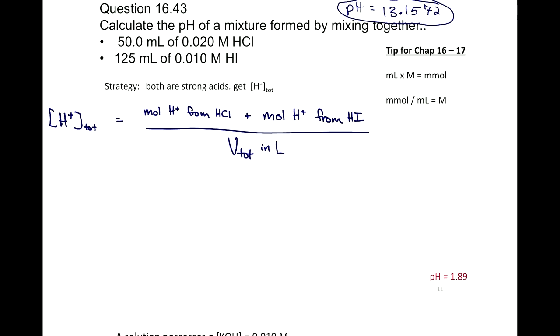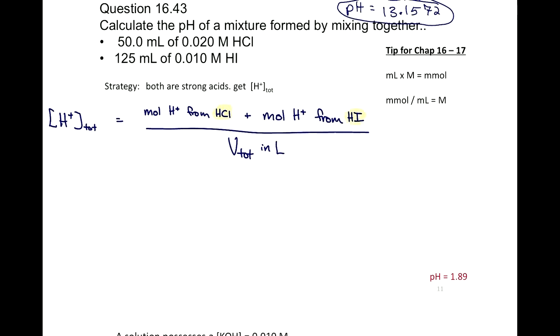So I like to think of it as this. To calculate pH, I need to figure out how much H plus I have present in my solution. There's two sources of acid here. So I need to calculate the total concentration of acid I have present. Some of my H plus is coming from HCl.